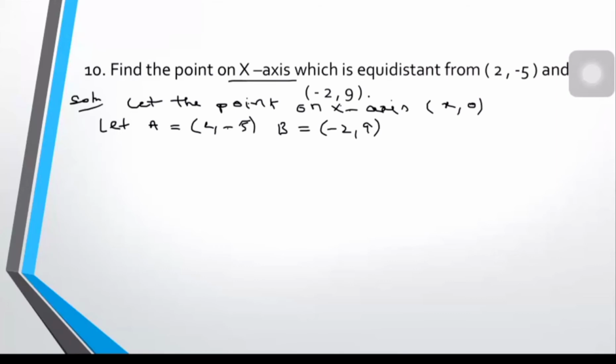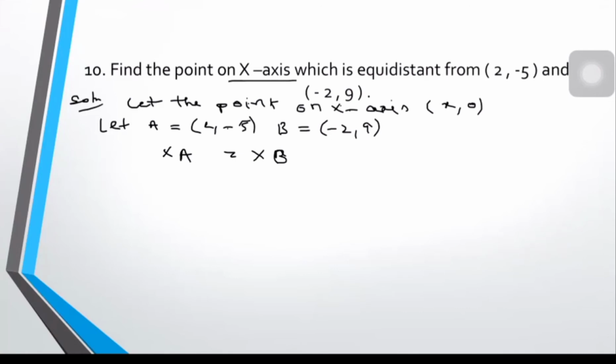It means we have to equate the distances XA and XB. Then we will get the x value. XA is equal to XB.